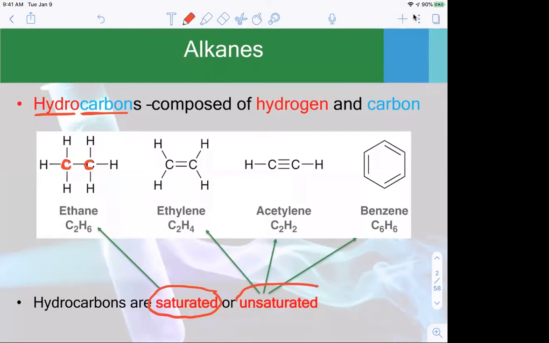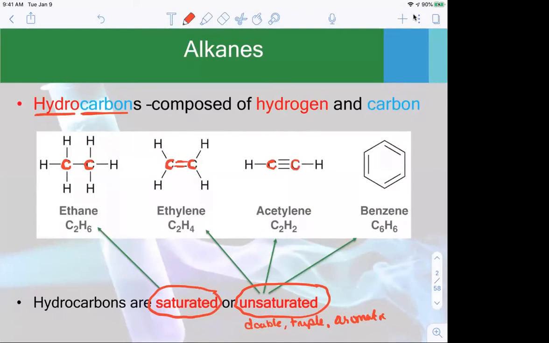Or I could be unsaturated. And this is where I have my double bonds, my triple bonds, and my aromatic rings, like benzene. So this carbon is not saturated. I don't have as many hydrogens as I possibly could have around those carbons because I have this double bond. Same thing with these carbons.